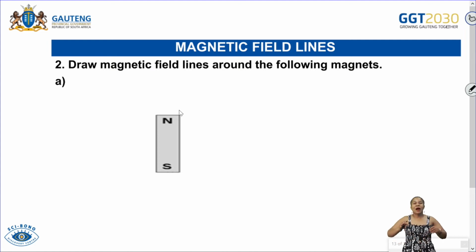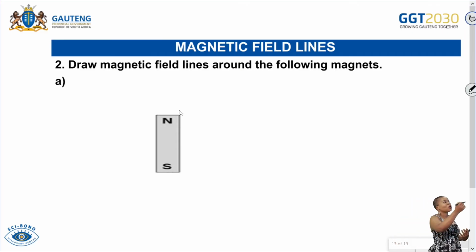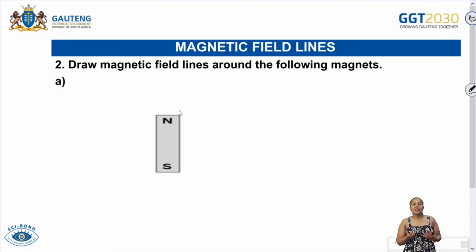Remember, we draw the magnetic field lines externally, and we had said they move from the north to the south. So you should be able to draw a few of them, making sure that they never cross each other, because this is an important property of the magnetic field lines.